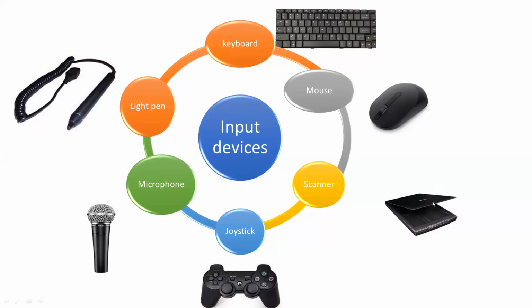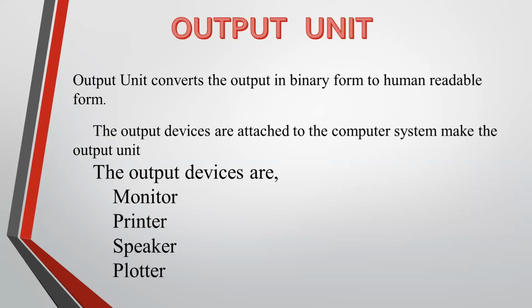We can upload images to the computer system through the scanner. With the joystick, we can play games. The microphone is for audio, and the light pen, we can write. So these are the input devices. The first component of computer is the input unit, which takes the input and converts it into binary form. Is it clear? Let us go to the next, the output unit.